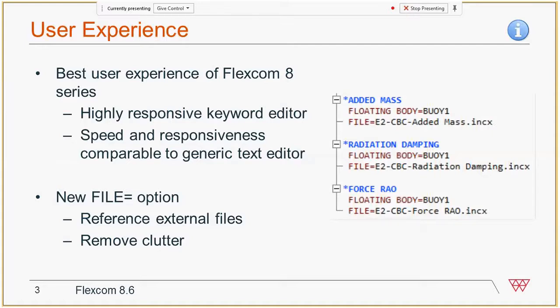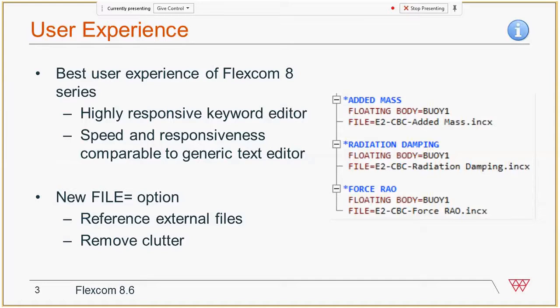In terms of user experience, Flexcom 8 is a very powerful program, and I spoke to quite a number of people over the past year to 18 months, and one of the comments that I heard quite a lot was that the keyword editor of Flexcom, although it's quite useful and gives you a lot of input prompts, it could be slow to respond, particularly for large keyword files which have got thousands of lines in them.